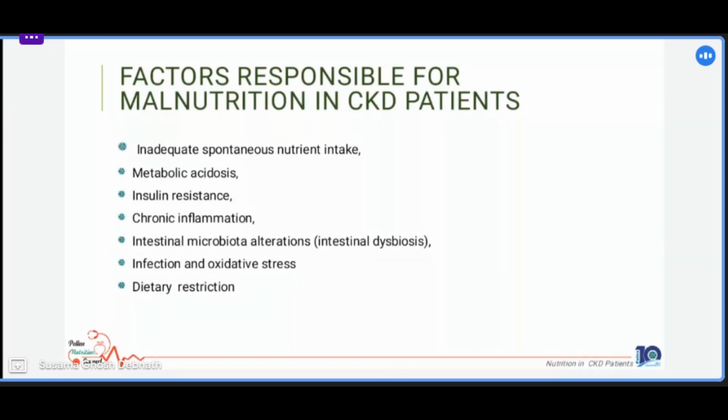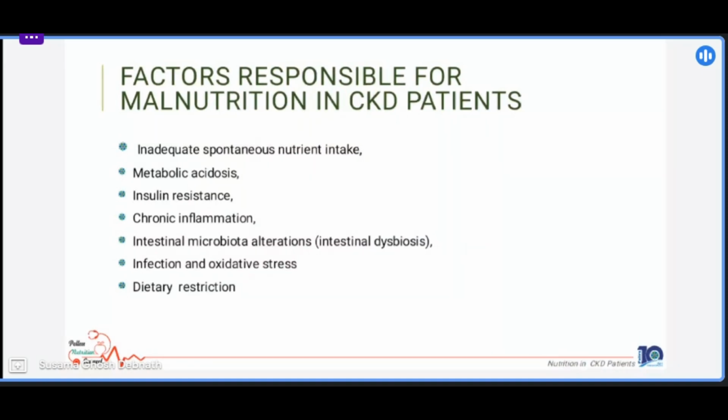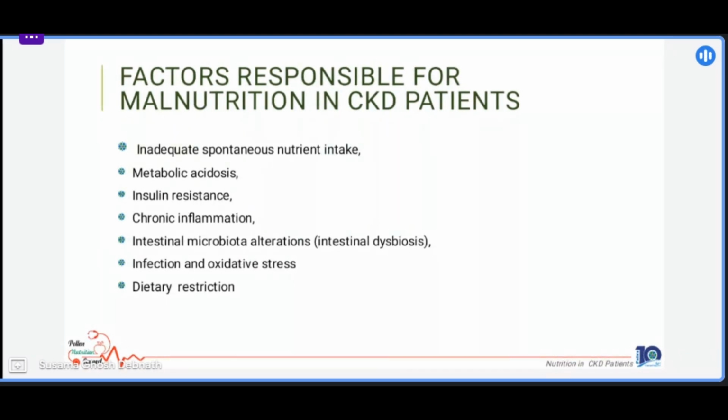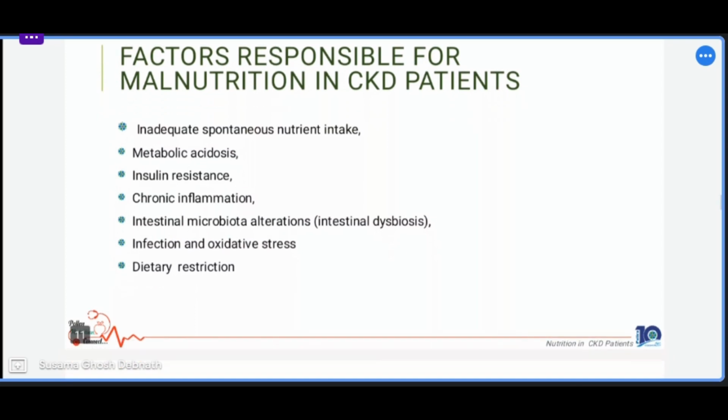The factors responsible for malnutrition in CKD patients are inadequate spontaneous nutrition intake, anorexia, most patients are anorexic. Metabolic acidosis is there, insulin resistance develops in our body, chronic inflammation is there, intestinal microbiota alteration is there, infection and oxidative stress, dietary restriction are also there, some myths are there. So especially we need to counter that also, what all myths are there regarding the diet of a CKD patient.